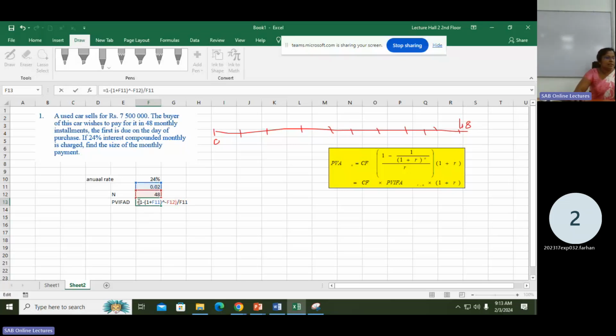So this is the ordinary annuity factor. This ordinary annuity factor you have to multiply by 1 plus R, that means 1 plus 2%. So I am applying the formula, right? You can do it using your calculators. Is it 31.28, the factor?